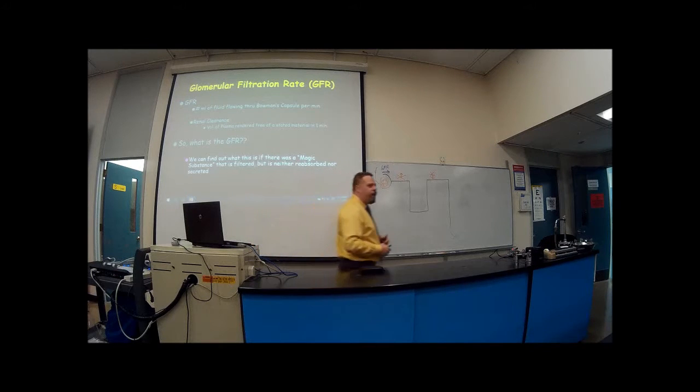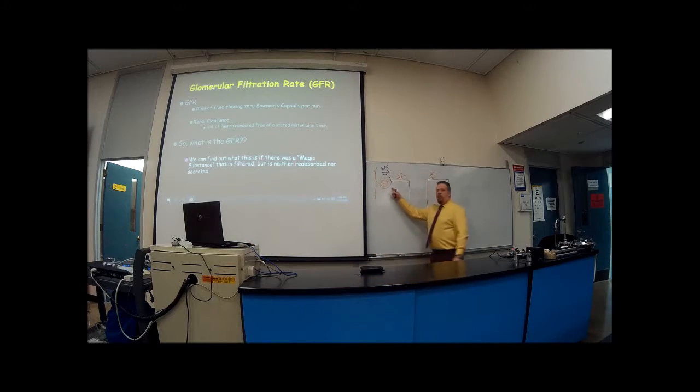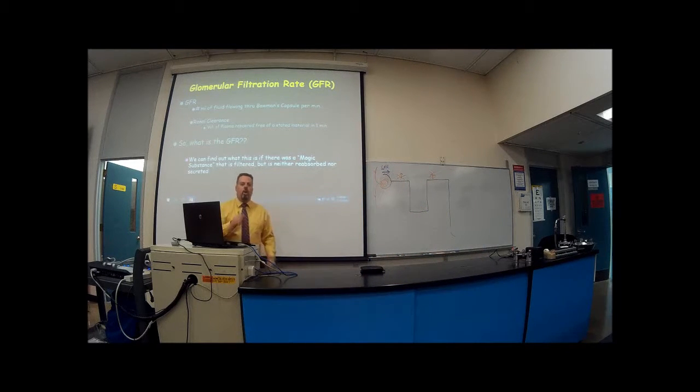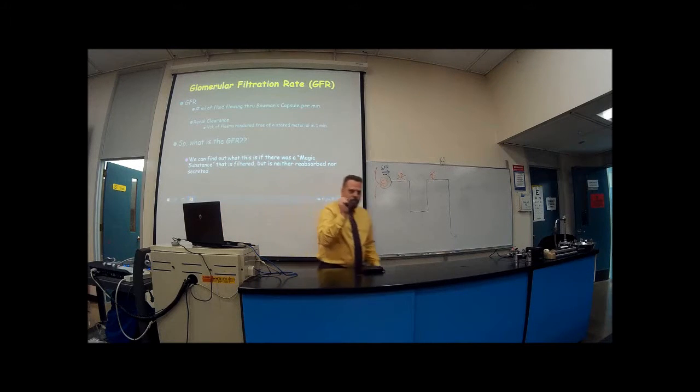But as you see, sodium comes in here, some of it's going to be reabsorbed, some will be excreted. You can't use potassium because some of it's going to be reabsorbed. You can't use hydrogen. Some of it's going to go this way, that way. Even glucose, it's 100% going this way. So we can't use any of that stuff. We have to find out the GFR by using this magic substance.